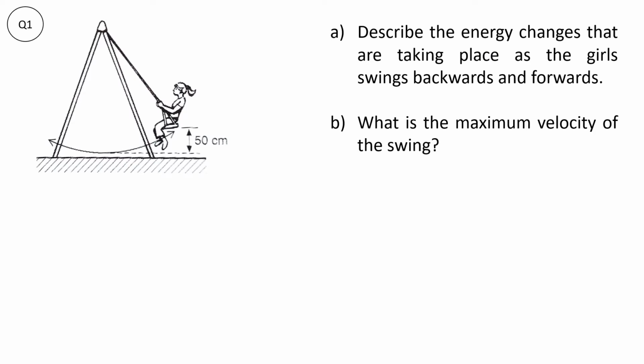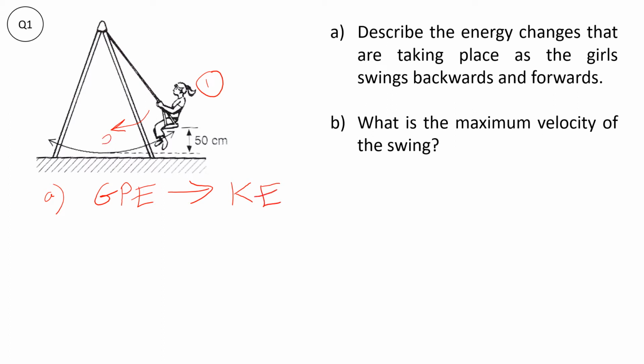So here's an example of a girl on a swing. Question 1A says, describe the energy changes. Well, let's take position 1 up here. So in position 1, answer to A, that's lots of gravitational, so I'm just going to call that GPE. As she swings down this way, that changes into KE.